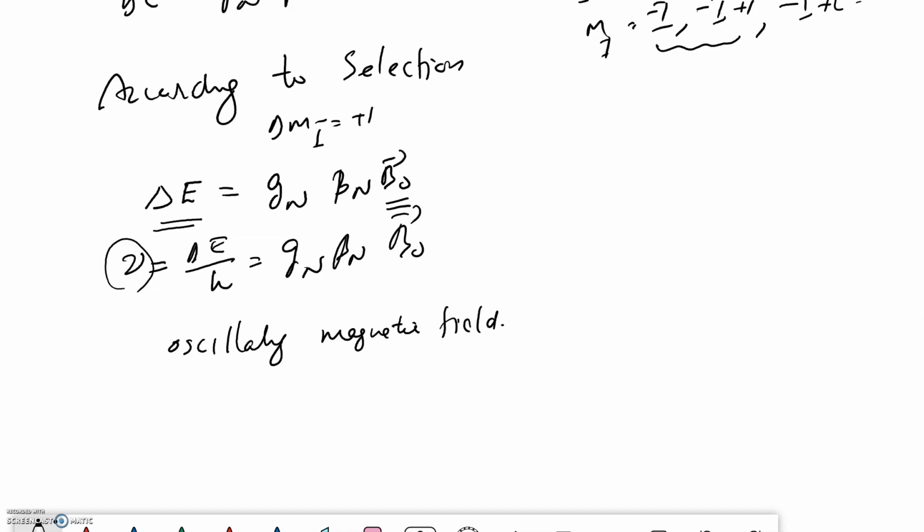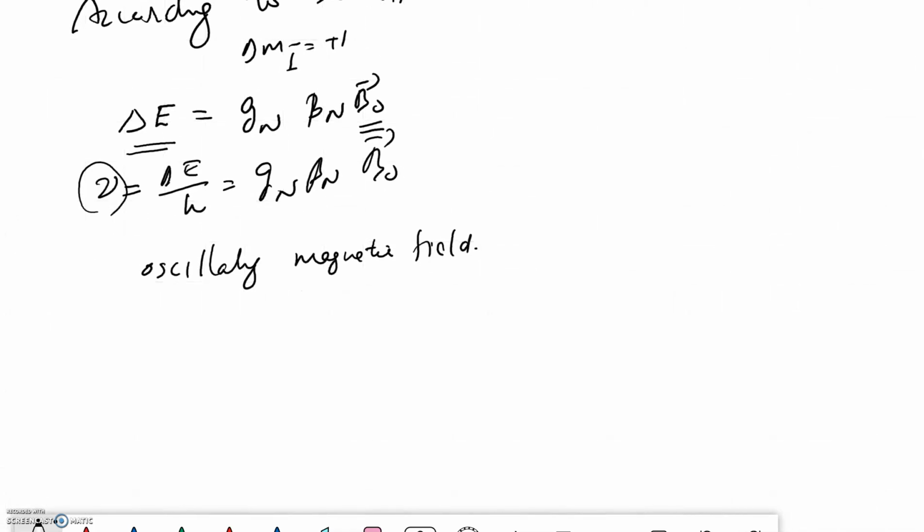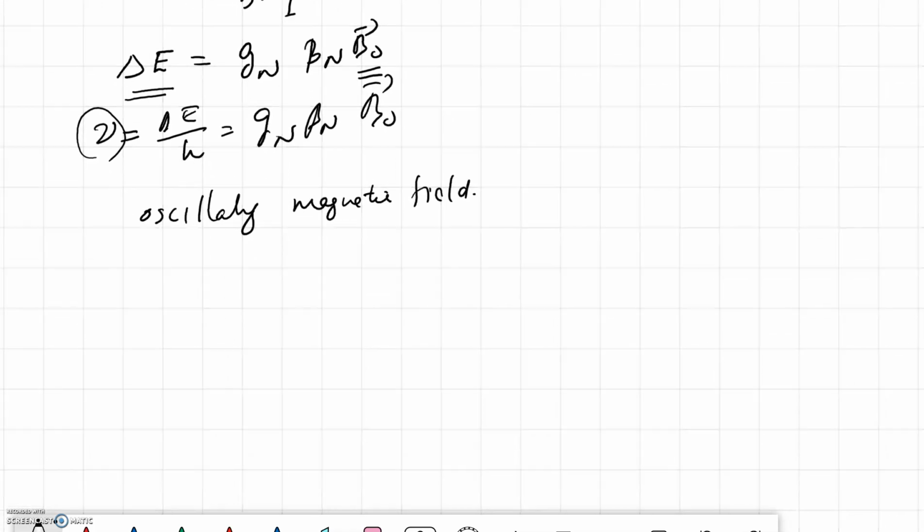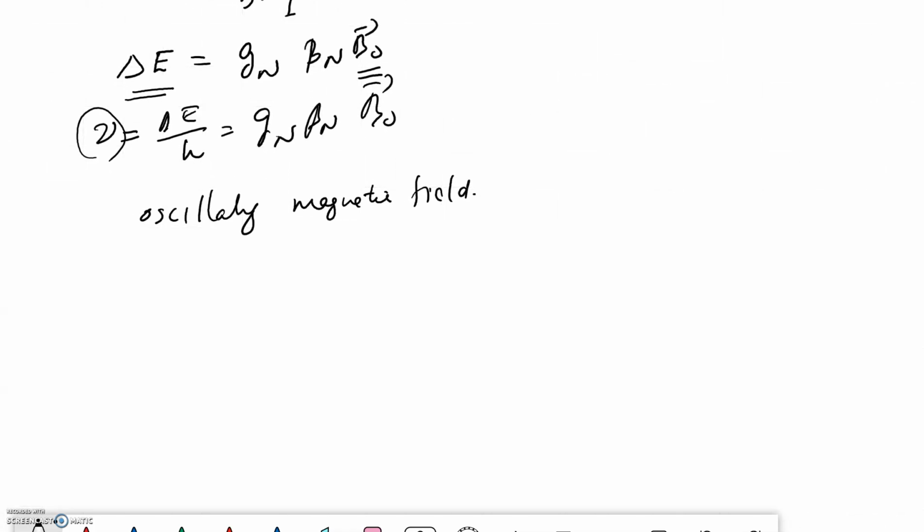Unlike other spectroscopic techniques like IR and UV-visible spectroscopy, where the interaction is between the electric field of the radiation and the electric dipole moment of the system, in NMR the interaction is between the oscillating magnetic field of the radiation and the magnetic dipole moment of the system. That is what is called a magnetic dipole transition. This is the resonance condition.